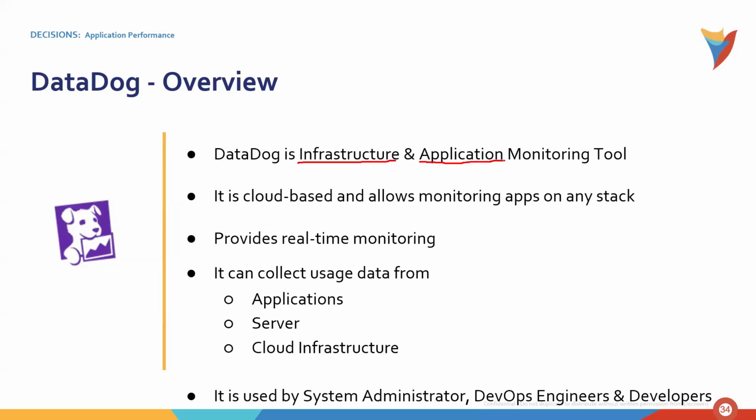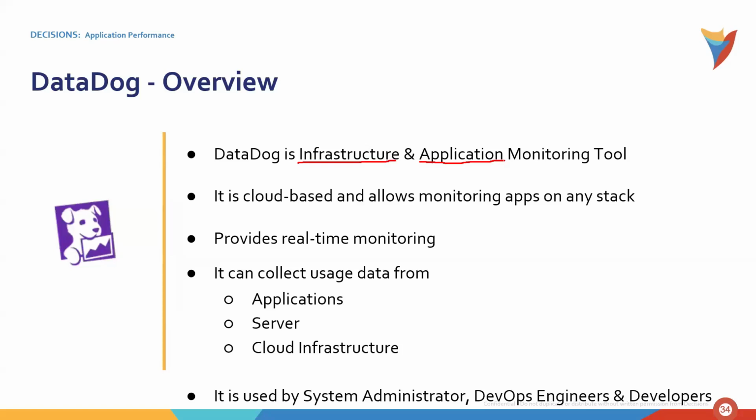It's primarily used by system administrators so that they can monitor a particular server. In case, let's say, the server is offline, then they may want to go ahead and bring it back online. So they need to monitor the server infrastructure. Again, system administrators can use it.